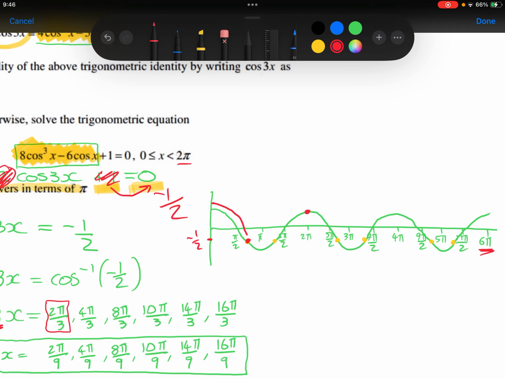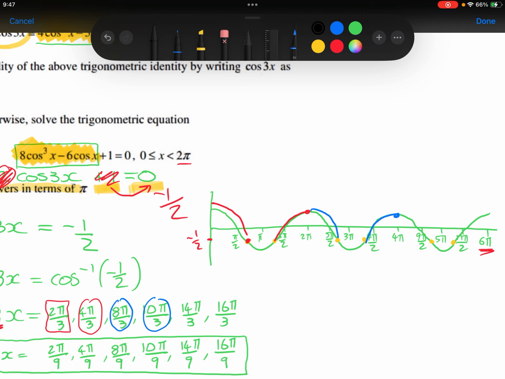So the next solution is going to be 2 pi minus 2 pi over 3. So that's where the 4 pi over 3 came from. The next solution is going to be 2 pi plus 2 pi over 3, which is where the 8 pi over 3 came from. The next solution is going to be 4 pi minus 2 pi over 3, which is where the 10 pi over 3 came from.